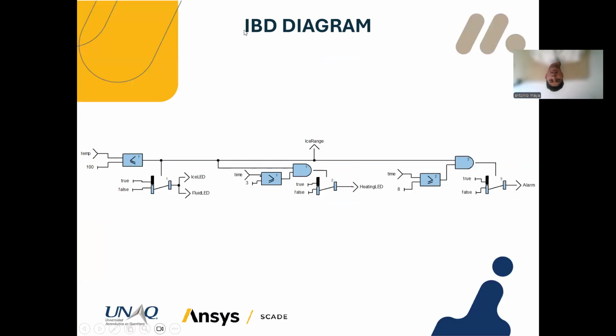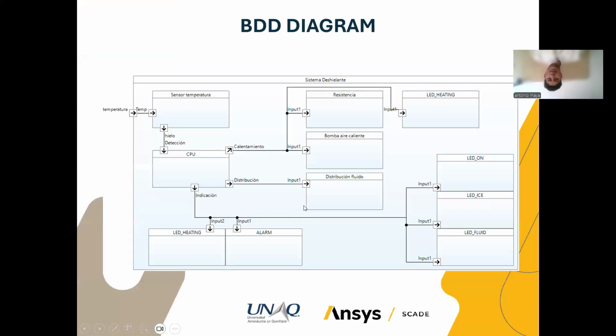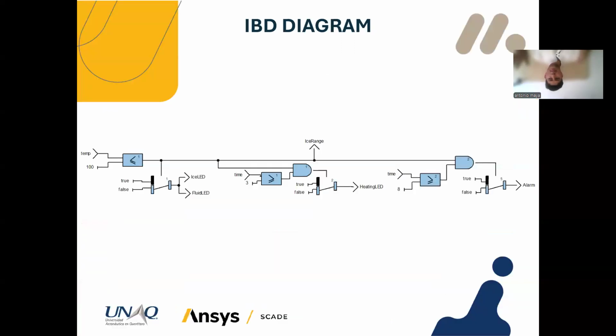The IBD diagram just means internal block diagram. This is what is inside this block. So the previous one only has a general overview, but this is actually how it is going to be implemented, how all the components are going to work, and how the logic is going to work.